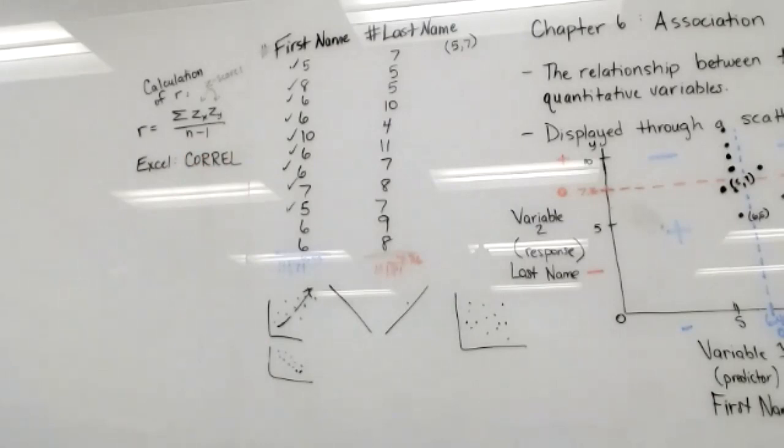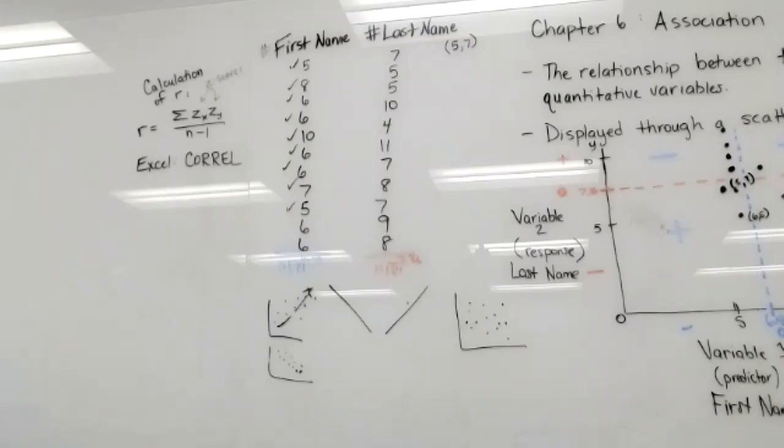So I just have to type in all this data. 5, 7. I got 5 minutes. We're almost there. 5, 7, 8, 5. 6, 5, 6, 10. 5, 6, 5, 6, 10. Oh, got it. 10, 4, 6, 11.